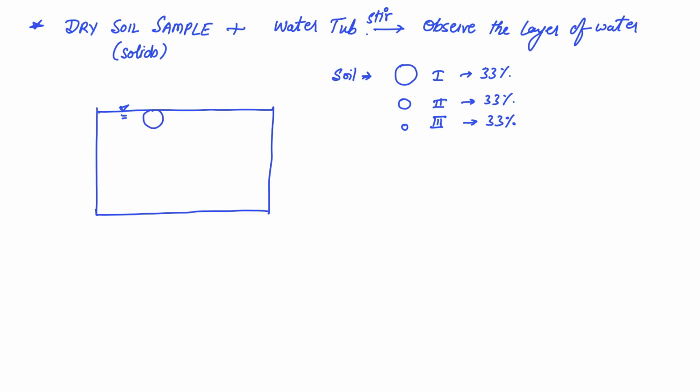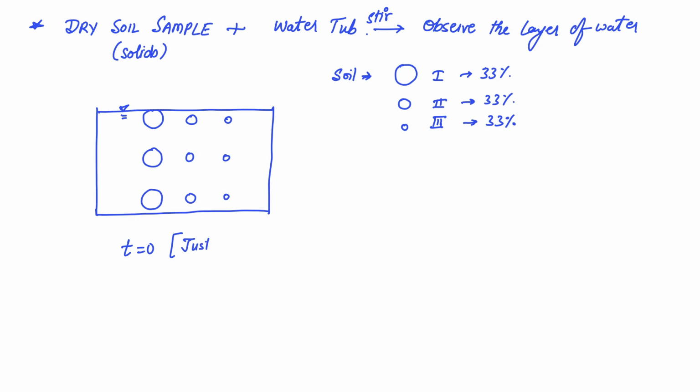So let us assume that these are the three different sizes of particles, and they are present in all the layers of the water. The second one is a bigger one. So this is the condition at time t = 0. And what is time t = 0?